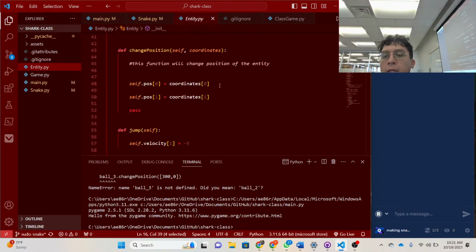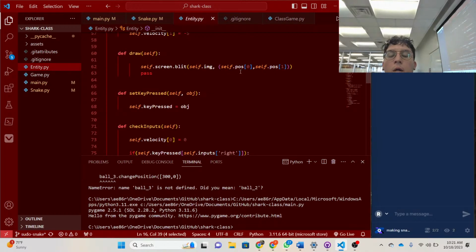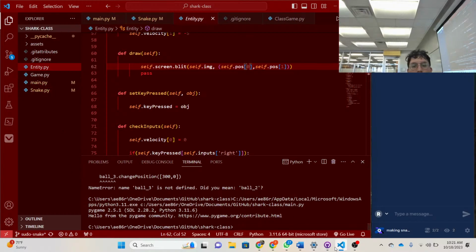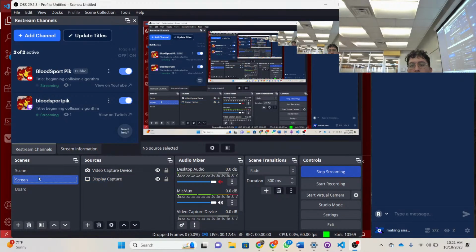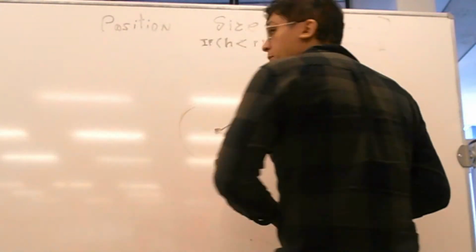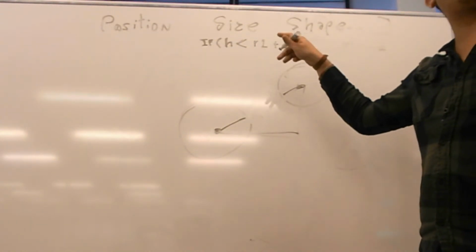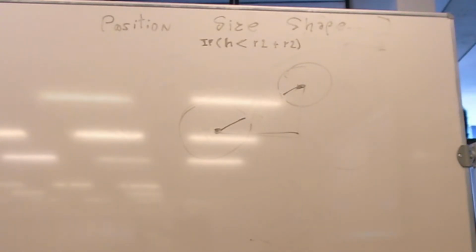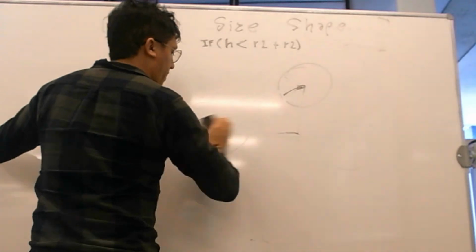Go to entity and go to draw. So this is what we're going to do. Let me put this on the screen so we know why I'm doing this. This is important, otherwise it won't work. Remember that things get drawn the same way that things get drawn on a screen, by their top left corner.